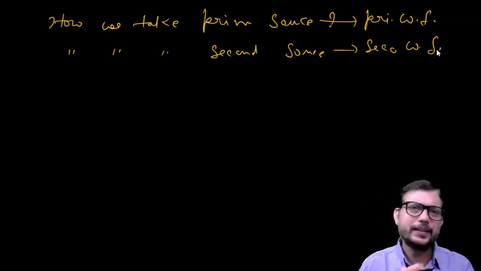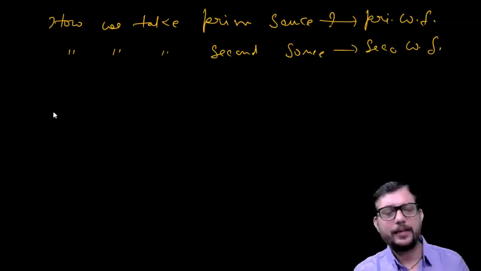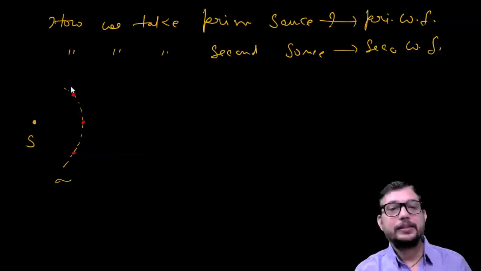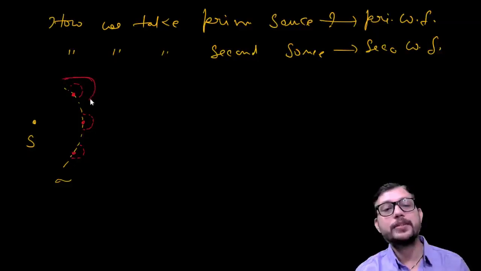As in the case of Huygens, you have seen that we have a source like this. Okay, we have a surface that will be your small sigma. Each and every point on that small sigma will be a new source of light. These are the negative disturbances. After that we have positive disturbances like this.